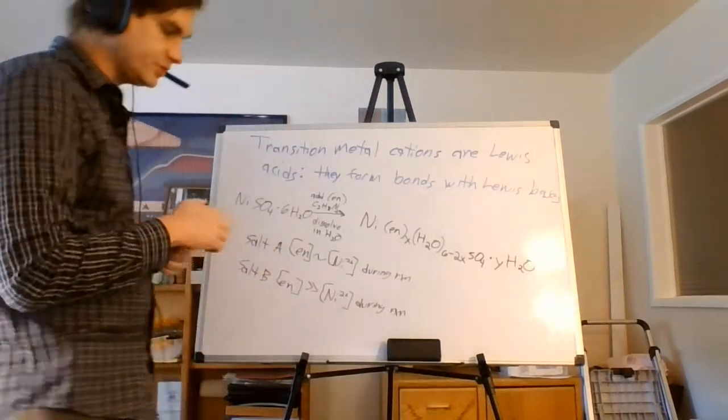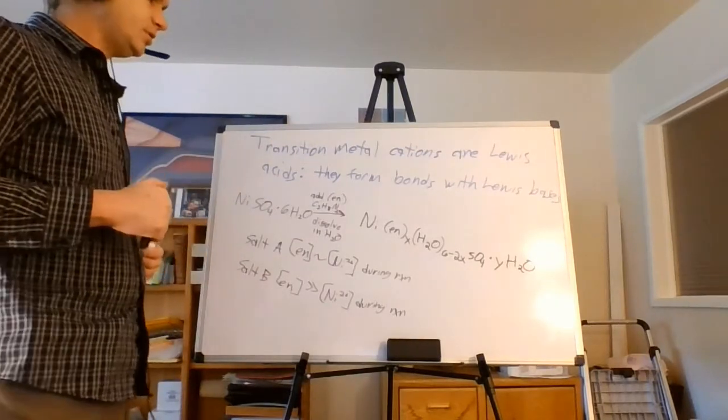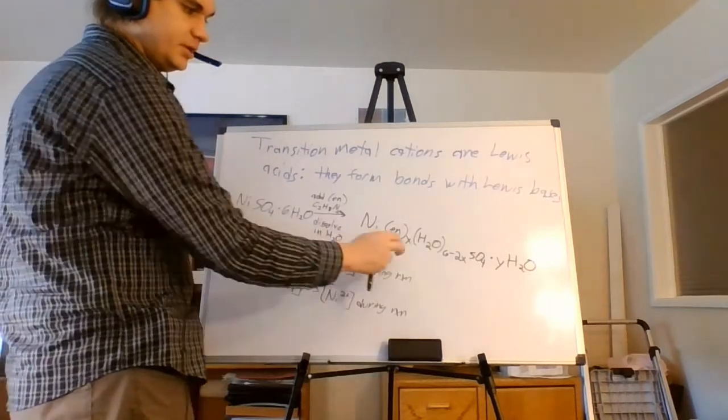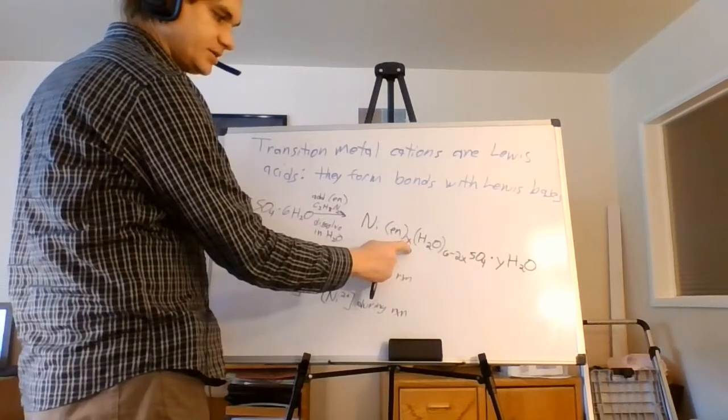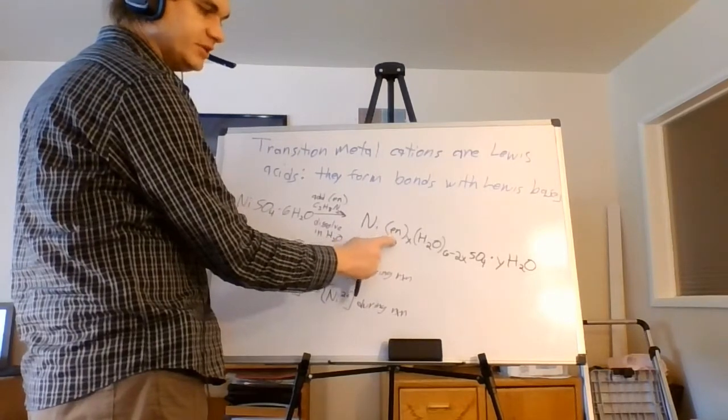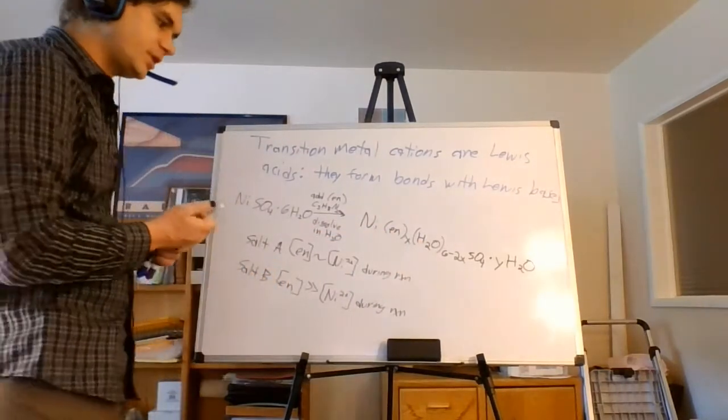That's the first difference between the 2. So basically the difference in the formula is going to be the difference in the value of x. How many of these you have, and for every one of these you have, you lose 2 of those.